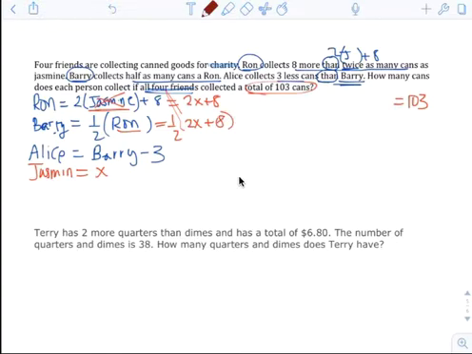And then Barry, let's distribute to find out what Barry is. x plus 4 is Barry. So x plus 4 for Barry minus this 3. So basically x plus 1.